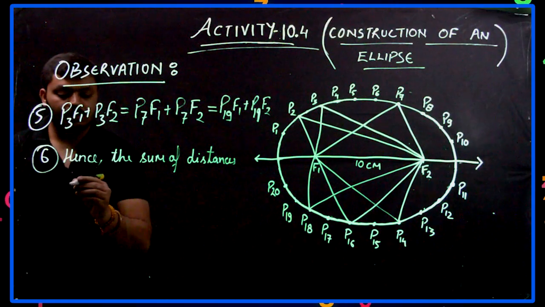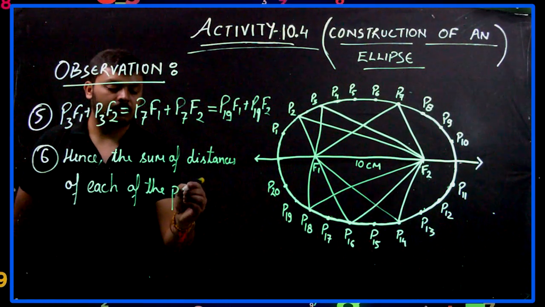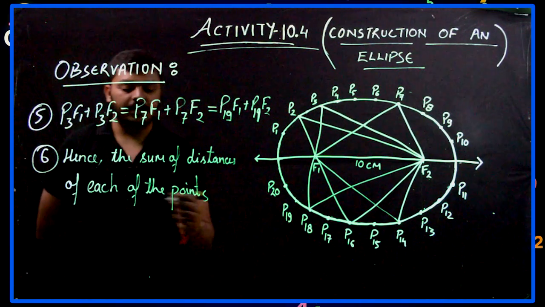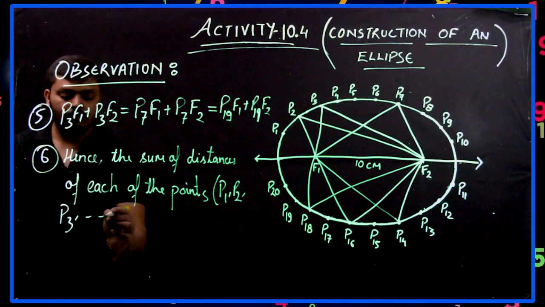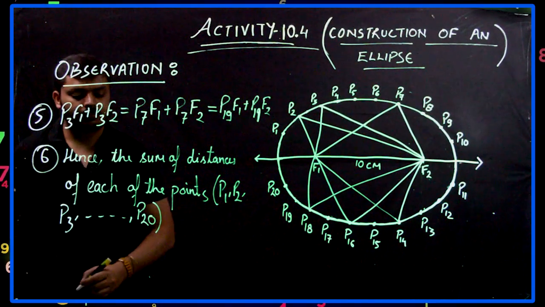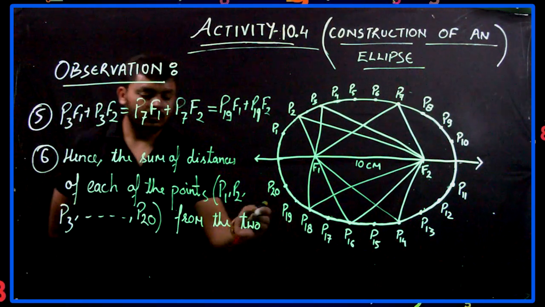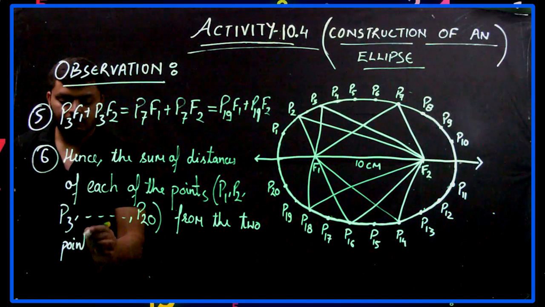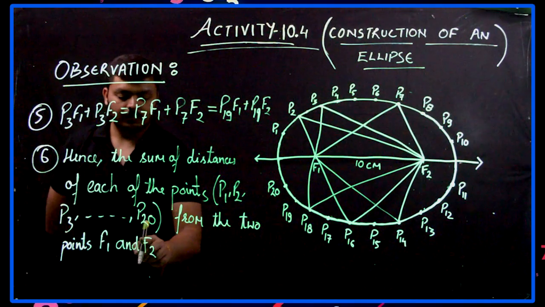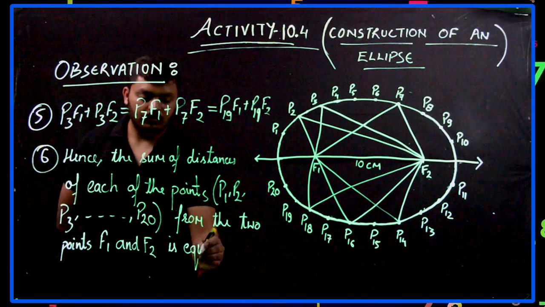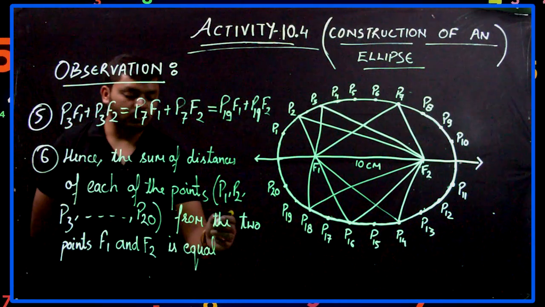Hence, we can say that the sum of distances of each of the points P1, P2, P3 up to P20 from the 2 points F1 and F2 is equal to 12 centimeter.